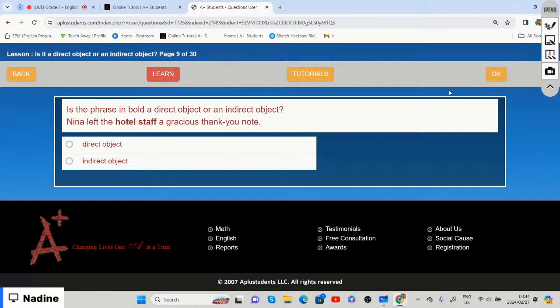If we ask the question what, whatever answers it, then it is a direct object. So if it answers the question who or what it is acting on, then it's a direct object. If it comes after a verb, then it is an indirect object.